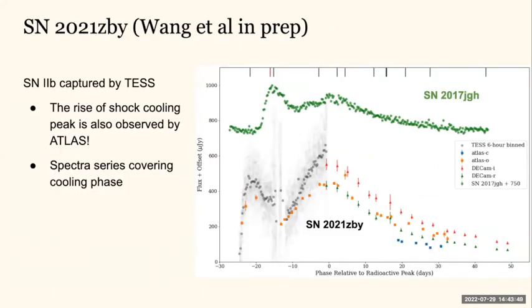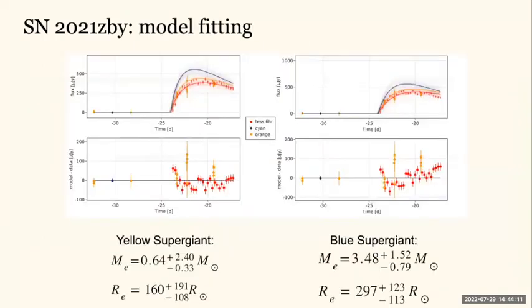And we discovered another type 2b supernova in TESS, which is 2021 ZBY. And this time, luckily, we have ATLAS O-band measurements within the first 5 days around the rising phase. Thus the model fitting performs a bit better than in the case of 17 JGH. Due to time limit, I just want to show you the result.